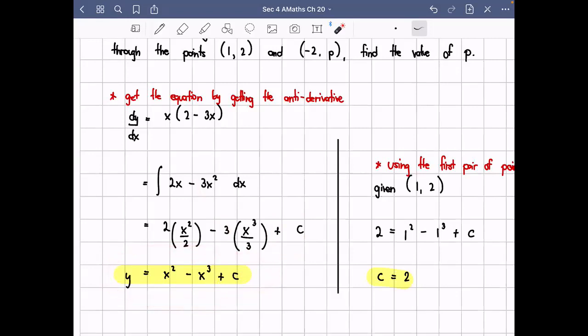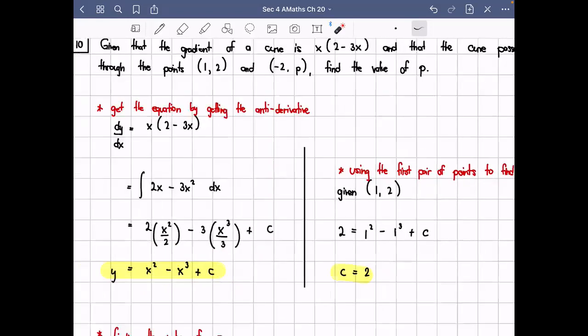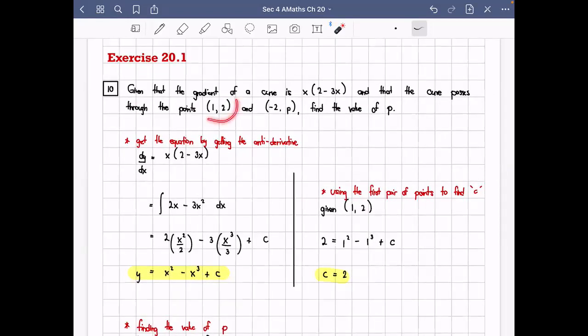We still need to find the value of c. Now, how do we get the value of c? You were given another point. You were given 2 points, right? So this one, you have x and y value. Given 1, 2, if your curve intersects those 2 points, that means those 2 points are part of the solution.